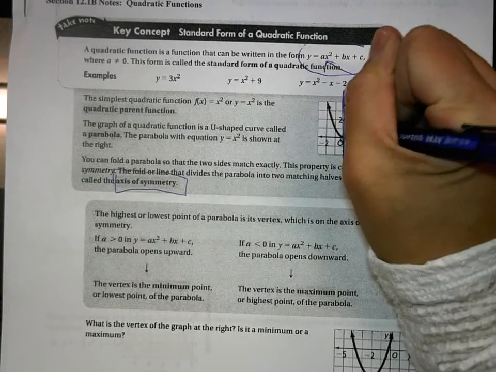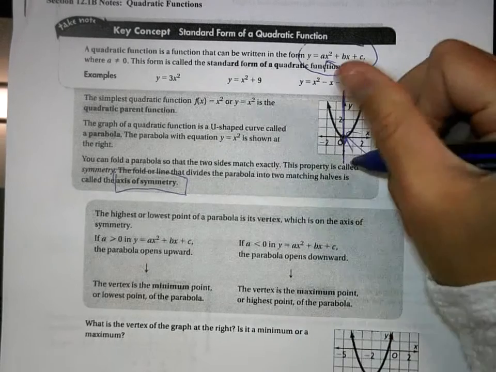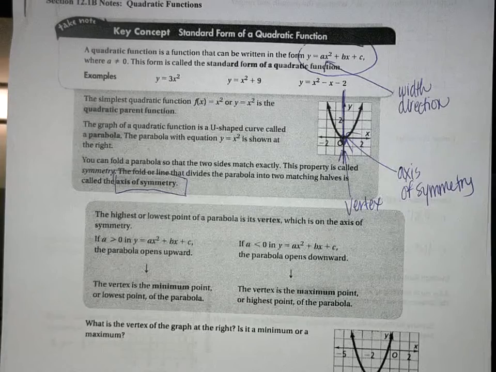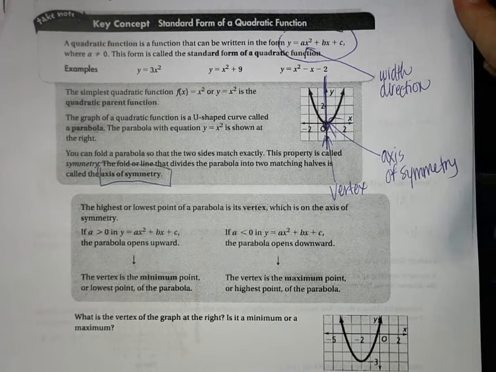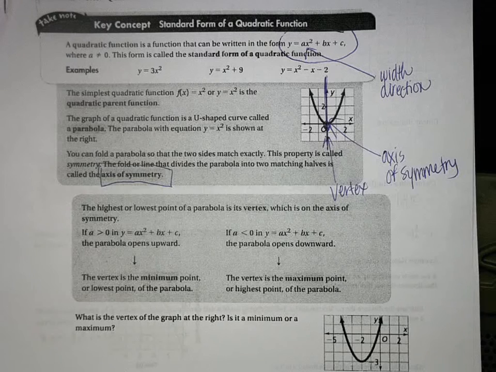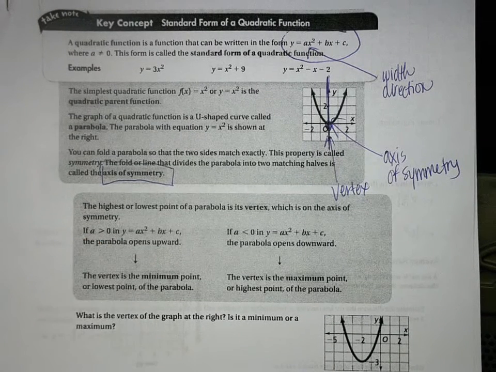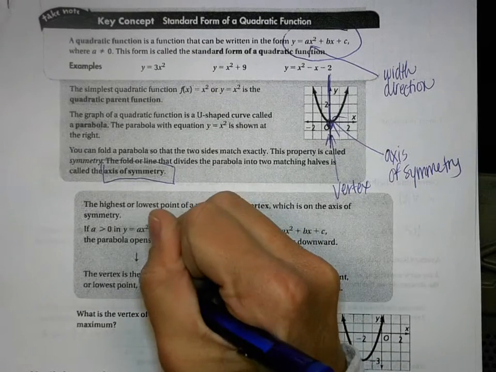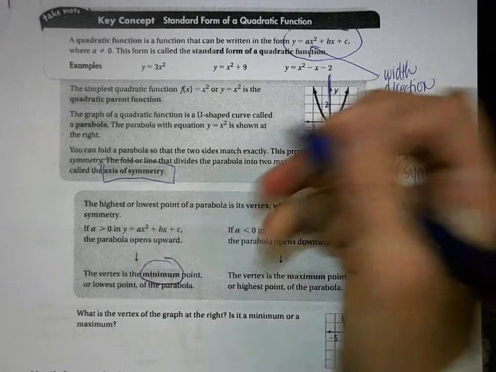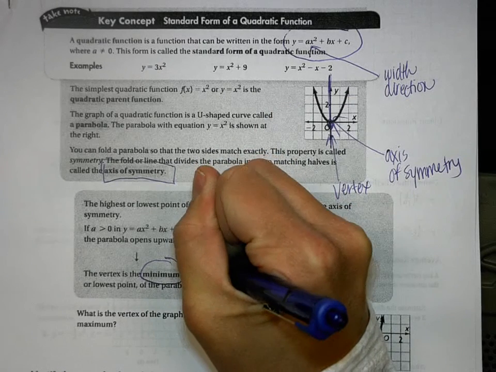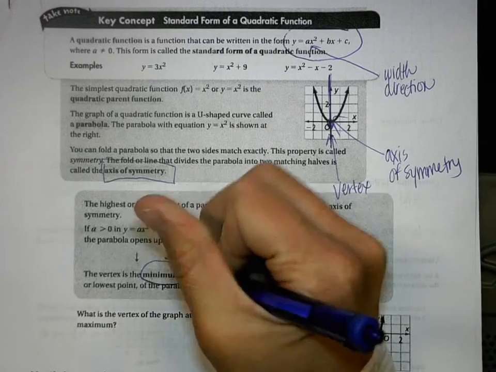Okay, we also know that this point here at the bottom, that point is our vertex. The highest or lowest point of a parabola is its vertex. And it's always on the axis of symmetry. There is going to be a minimum point if your graph opens upwards. The reason why is because this is your smallest value right there.